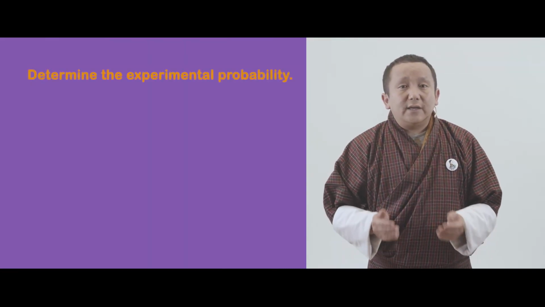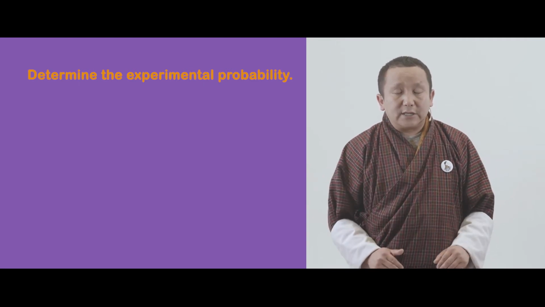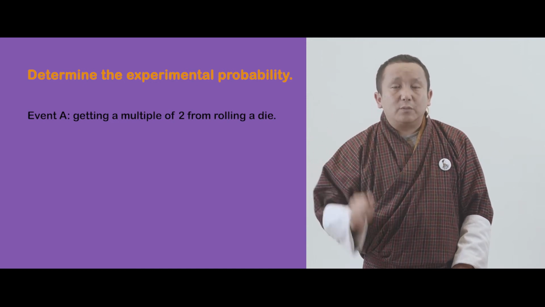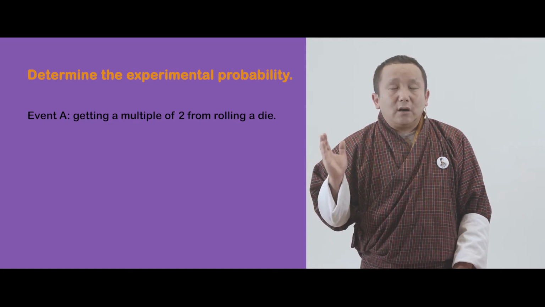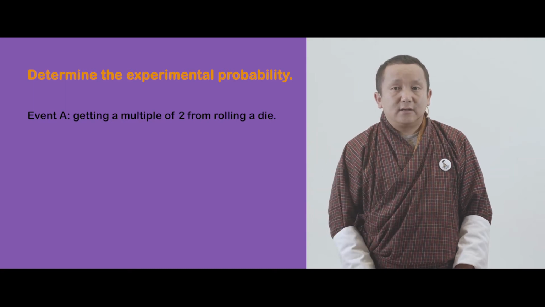Now, let us learn how to determine the experimental probability. To determine the experimental probability, let us use the same event that we used for the theoretical probability. The event is getting a multiple of 2 from rolling a die.